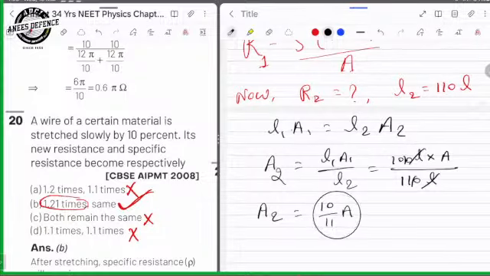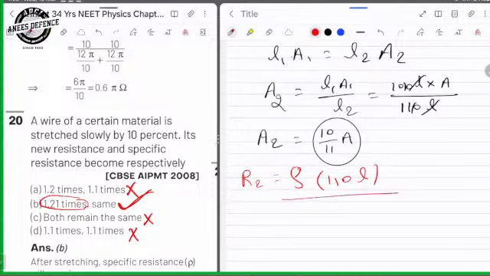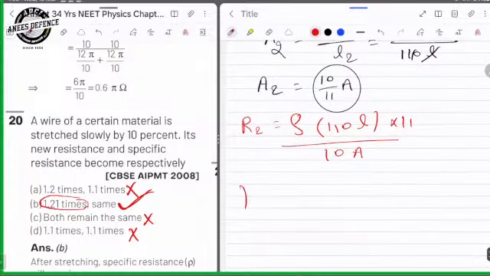So now you can calculate the final resistance. So final resistance R2 is equal to what? Rho is the same. L, final length, how much? 110 L upon area. Area is how much? 10 by 11. So 11 will go upward. So what can you write? Listen, R2 is equal to... 0 cancels, right?